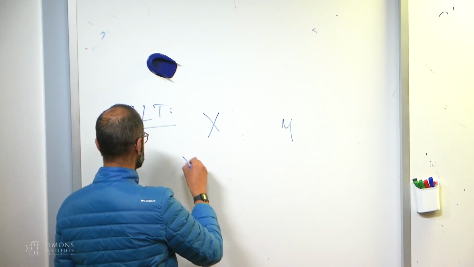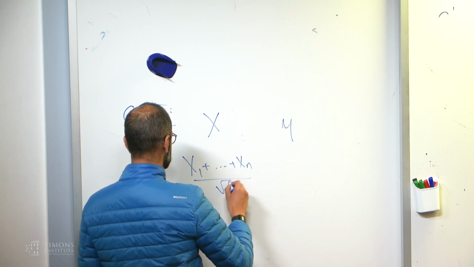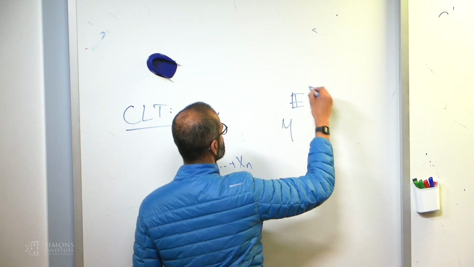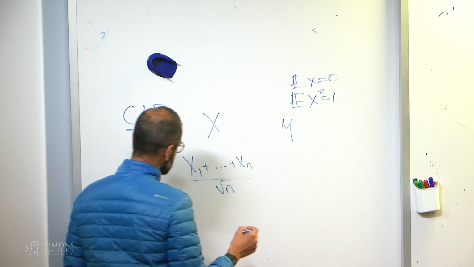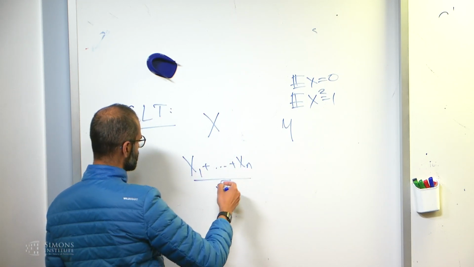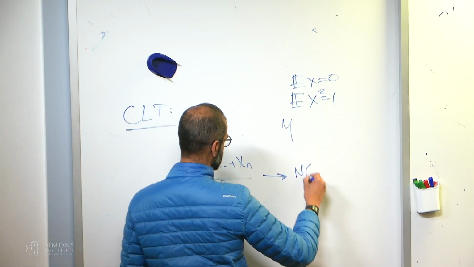Then we know that if you take IID copies of x, and let's suppose the mean is 0 and the variance is 1, and you take a sum of independent copies and scale so the variance remains fixed, this converges to the standard Gaussian.